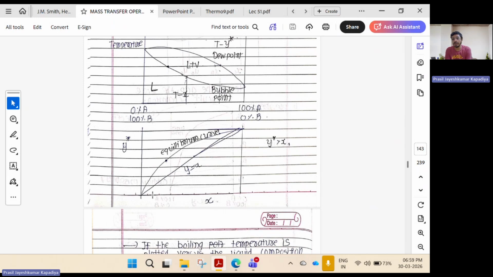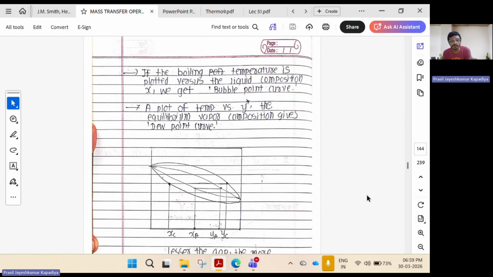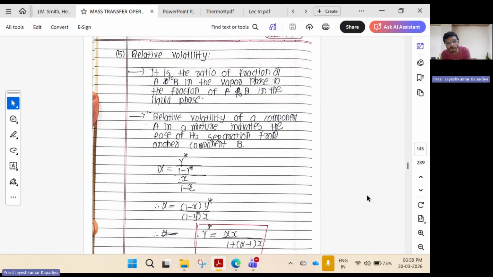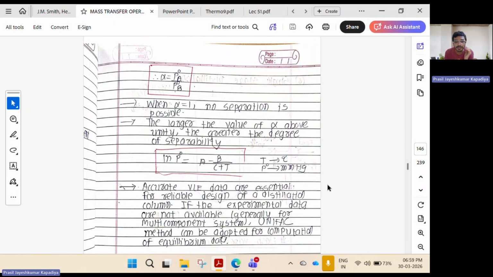But that is not the reality. So that's why we use Murphree efficiency, point efficiency terms to correct that. Because for vapor and liquid to reach equilibrium, there should be proper contact between them. And this relative volatility also we have studied.